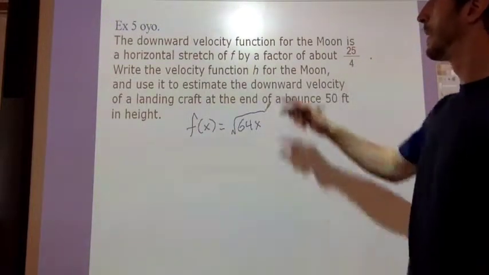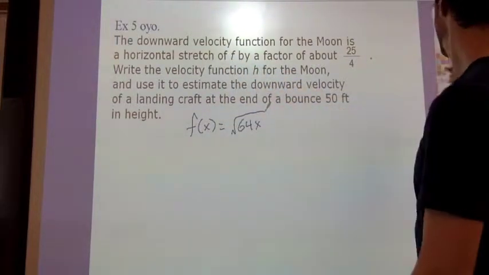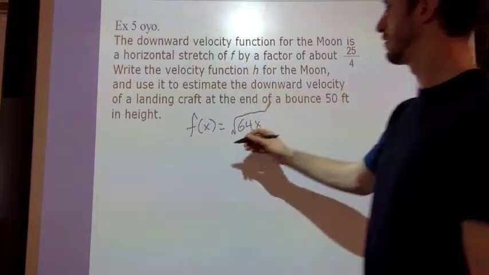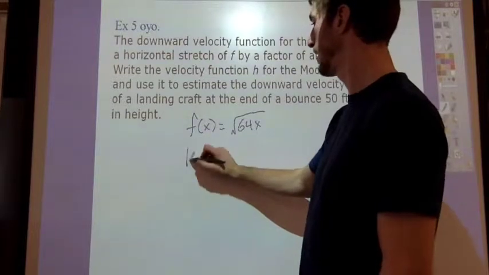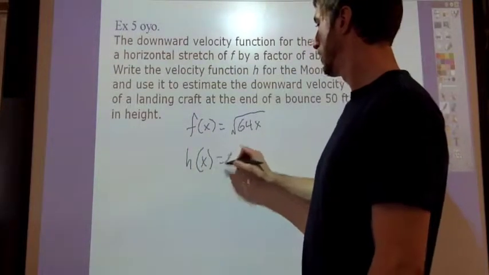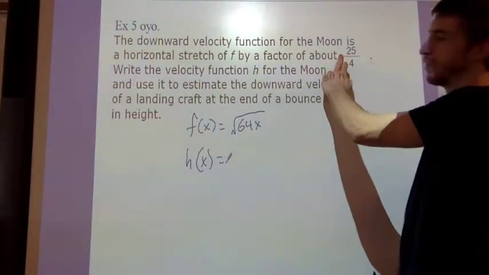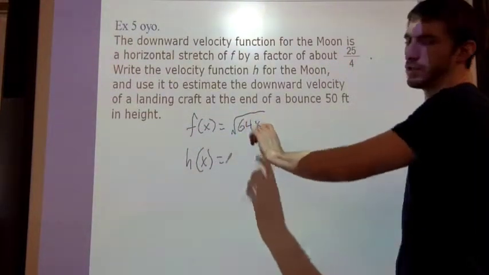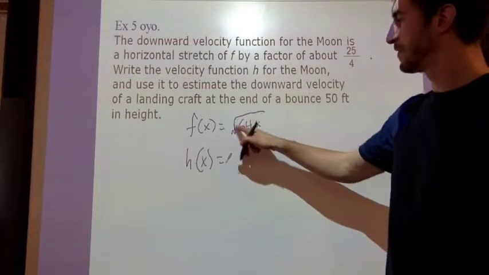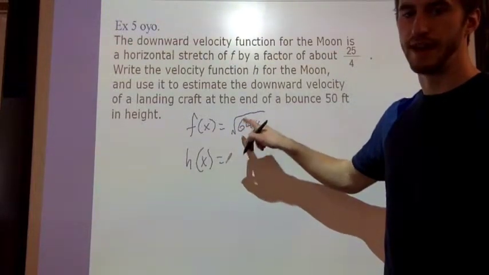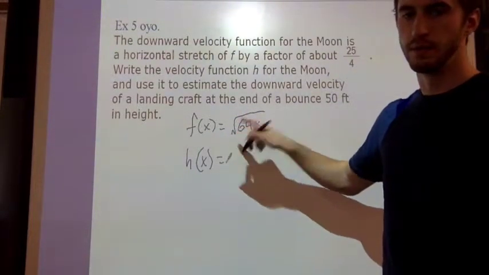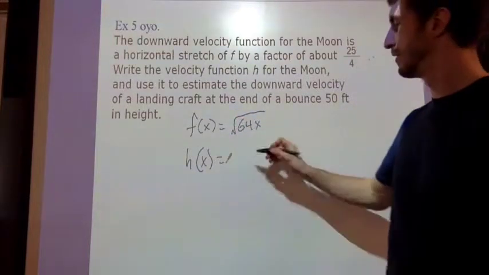Hopefully you did that. If it's a horizontal stretch, and it wants me to write the function for the moon in h of x, then that means I'm going to take this factor of 25/4 and multiply it to what I have underneath the radical, but since it's horizontal, I have to flip it.